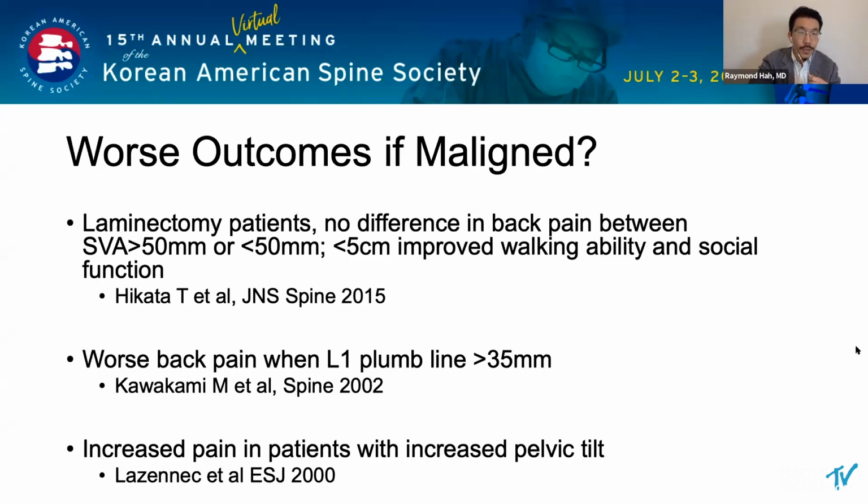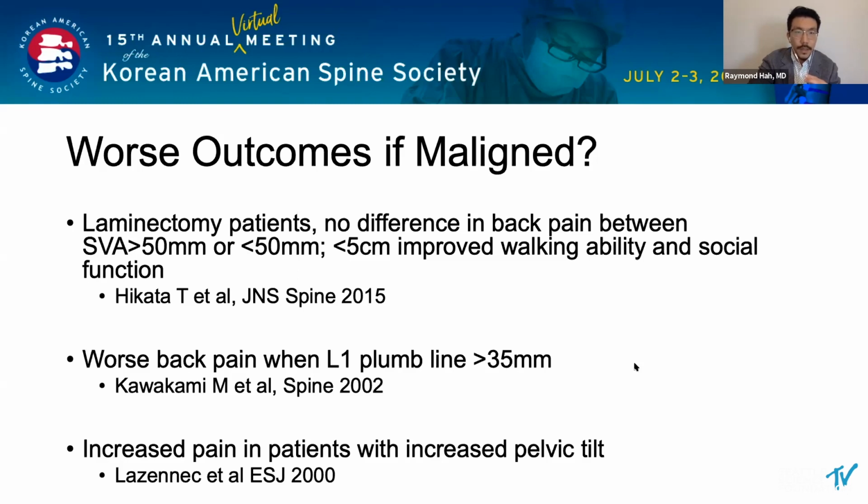In an instrumented fusion population, the second series showed worse back pain when the L1 plumb line was greater than 3.5 centimeters, so some amount of regional imbalance. And with increased pelvic tilt after instrumented fusion, the series demonstrated some increased pain. So I think certainly a tendency, perhaps, in instrumented cases towards increased pain.